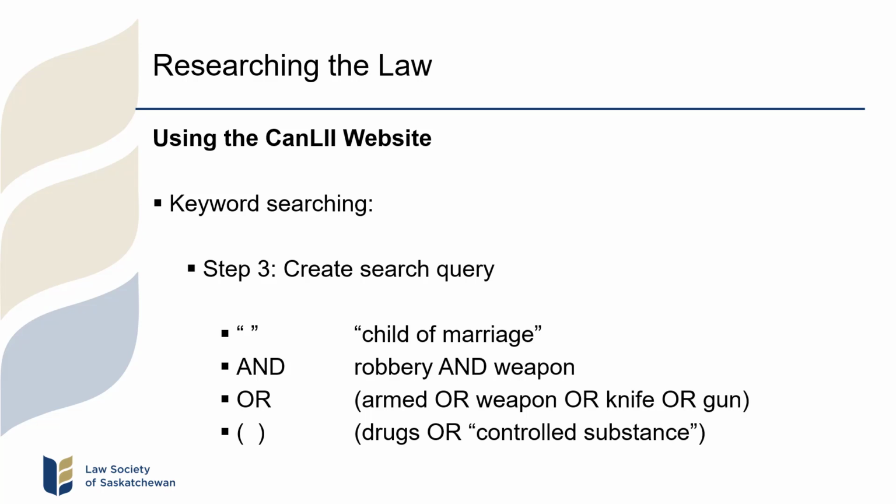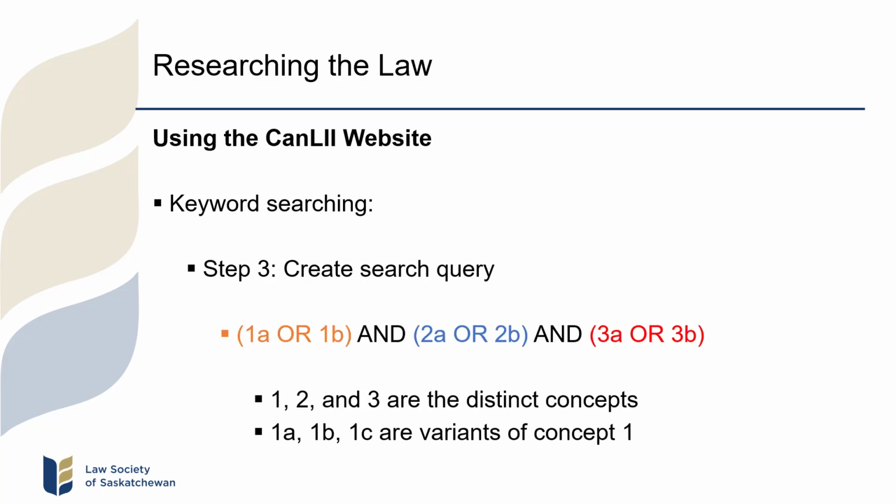Now that we understand these search operators, we can move to the next step and create a search query for Canlii's keyword search box. This is the form that a good keyword search generally takes. In this form here, 1, 2, and 3 are distinct concepts separated by the AND search operator.